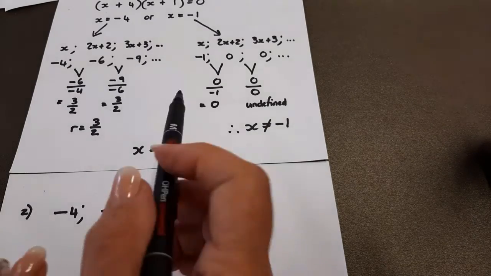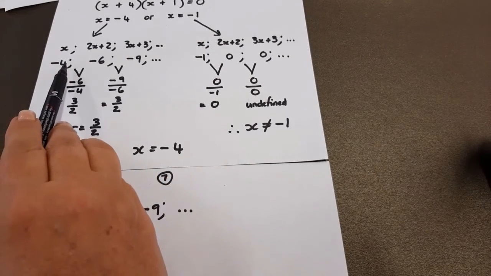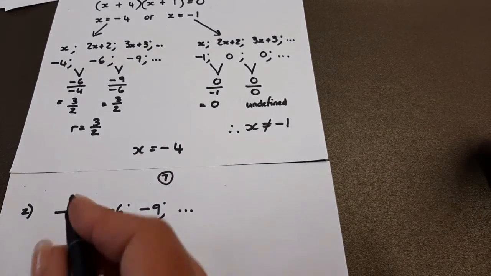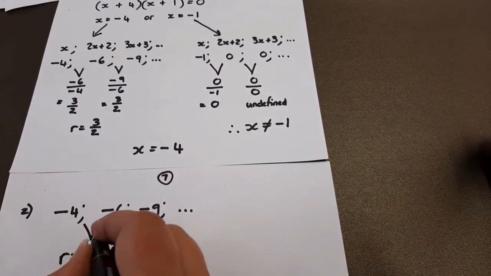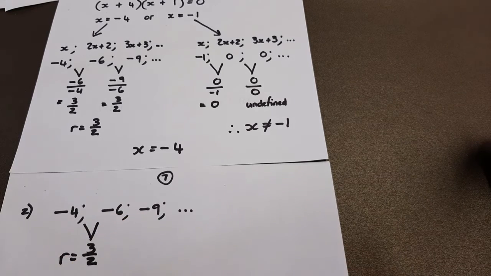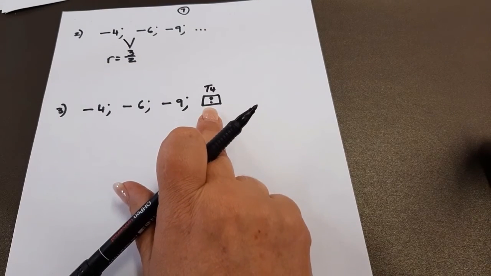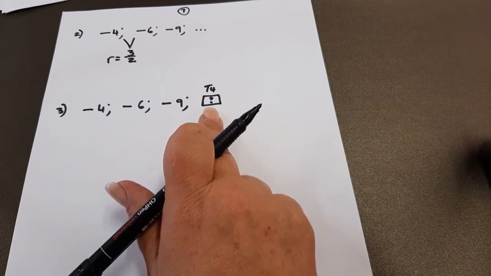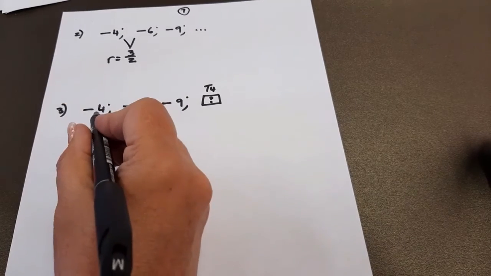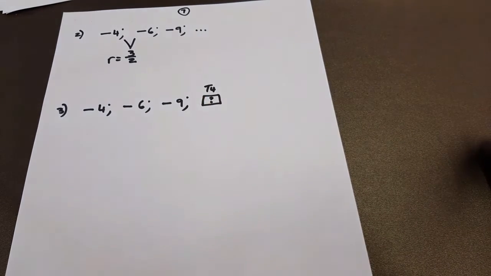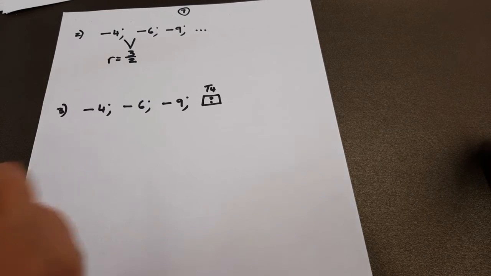So, if x is minus 4, we have our sequence of minus 4, minus 6, minus 9. And our ratio is 3 over 2. Now we can calculate our fourth term. To calculate the fourth term, you can do it in two ways. Remember, to get from the first term to the second term, you have to multiply it with the ratio. So let's do this one.